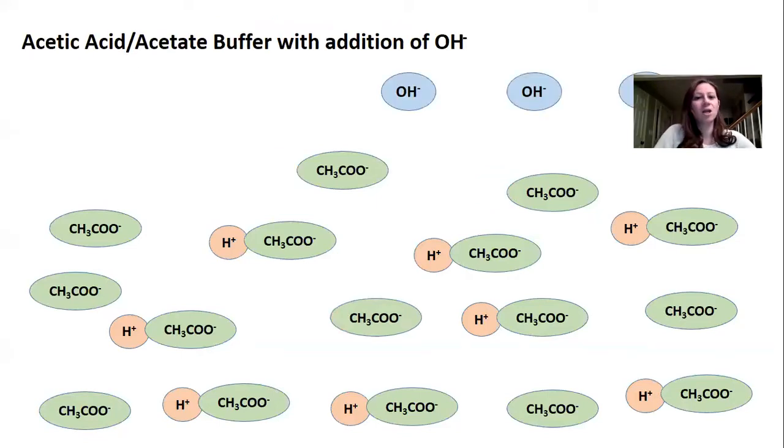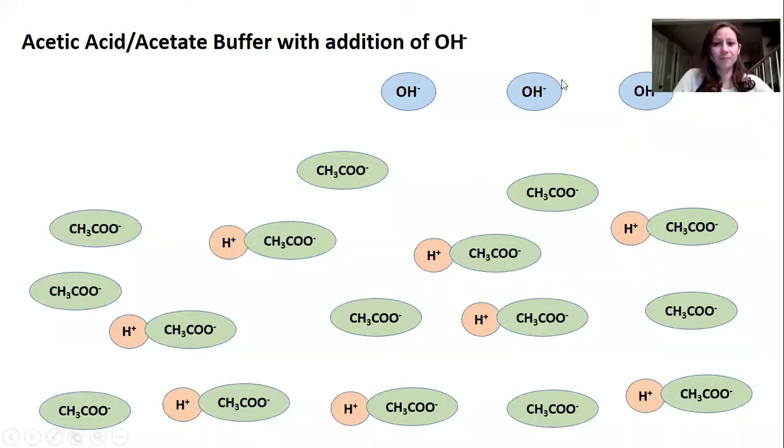What if I take that buffer and I add some base to it, some hydroxides to it? So if I add some hydroxides, you will see that again we have an acidic portion, so that's the acetic acid, and this is the acetate ion.